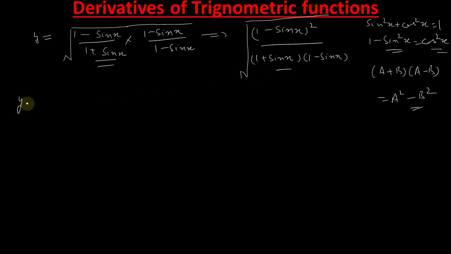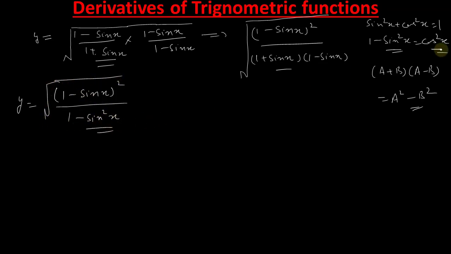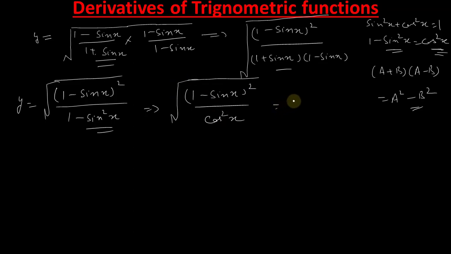So y becomes the square root of (1 minus sin x) square divided by (1 minus sin square x). Now 1 minus sin square x is cos square x, so it becomes the square root of (1 minus sin x) square divided by cos square x. Now this square gets cancelled with the square root, so it becomes (1 minus sin x) divided by cos x.